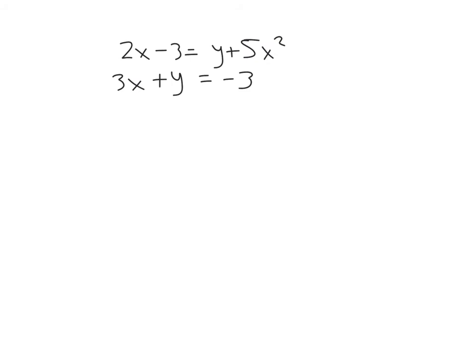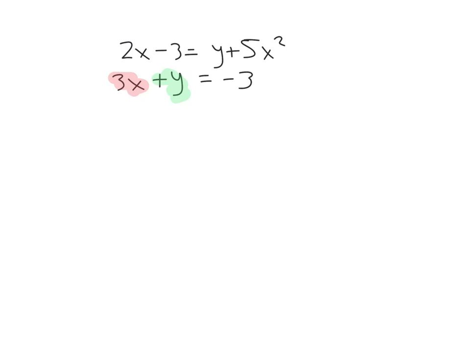Now, the idea behind substitution is that you want to isolate the variable of interest and then plug that into the other equation. To make more sense of that, I want to get this value of y by himself. And in order to do that, I have to get rid of this 3x.